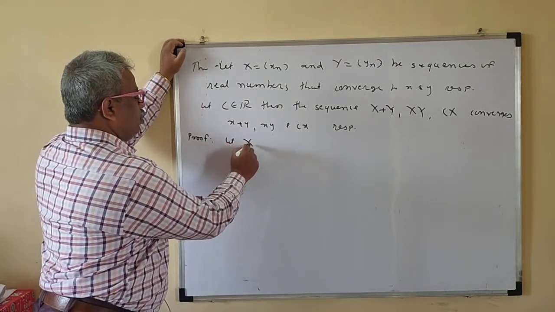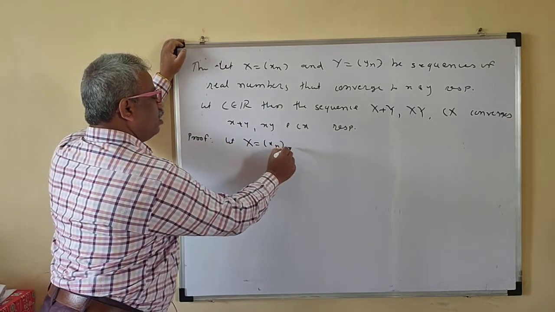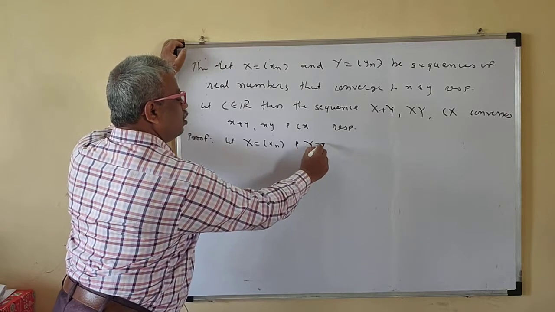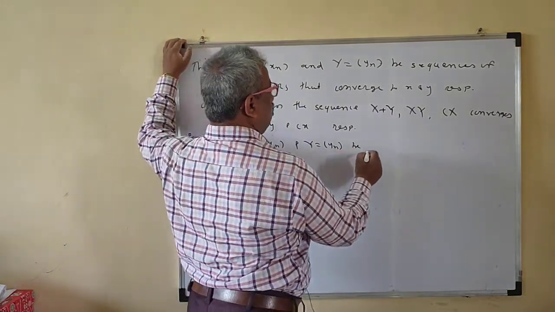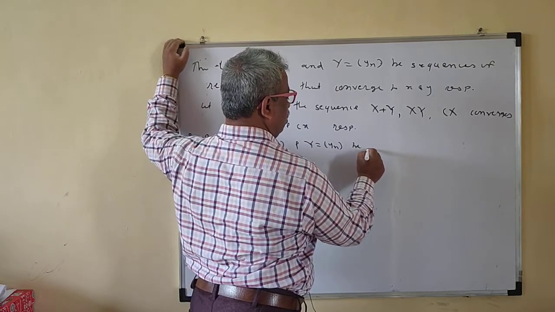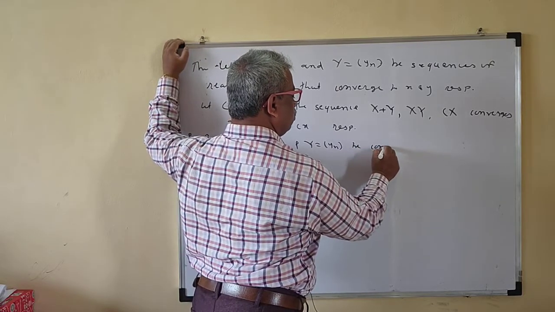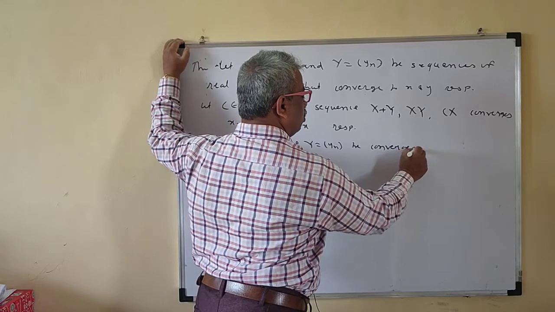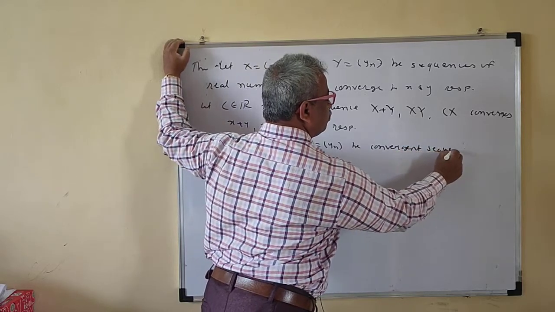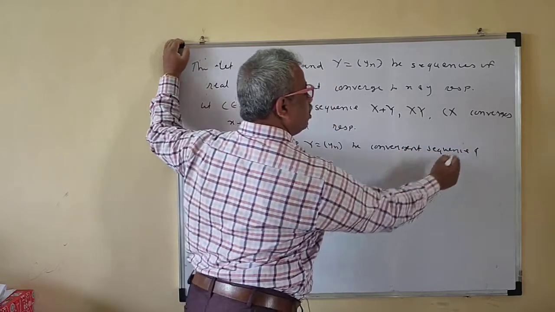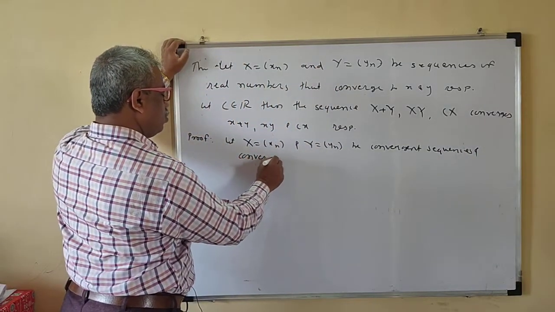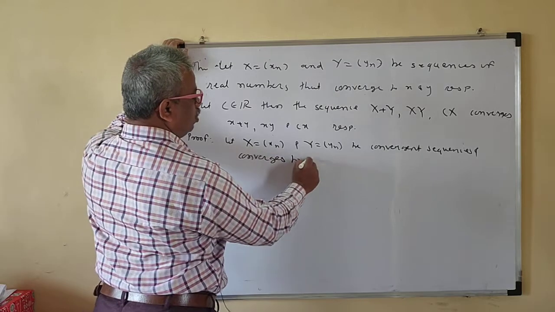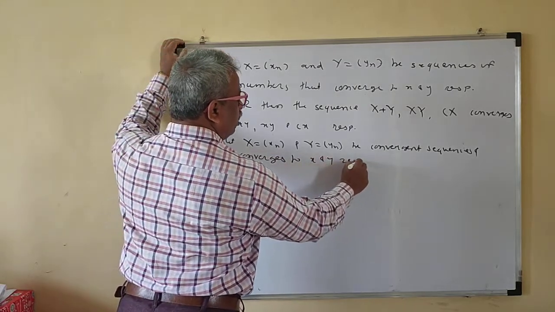Proof. Let the sequence xn and the sequence yn be convergent sequences that converge to x and y respectively.